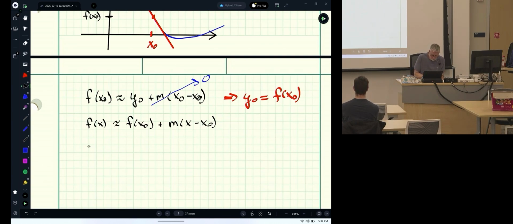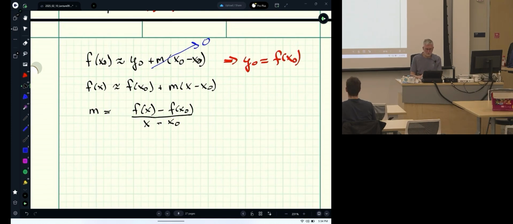Okay, so we'll take m equals f of x minus f at x0 over x minus x0.